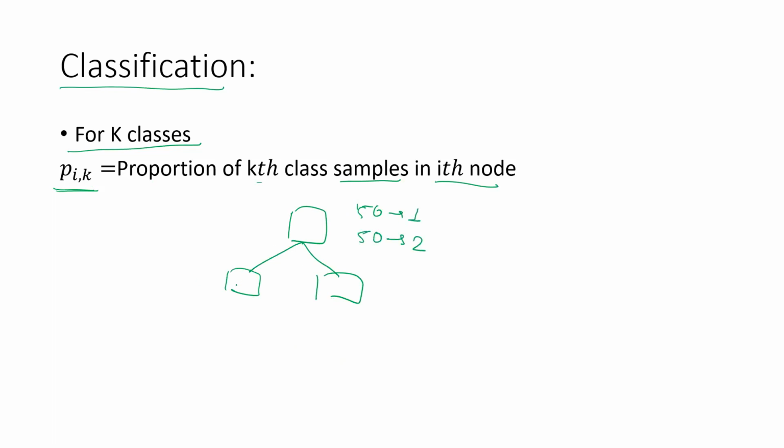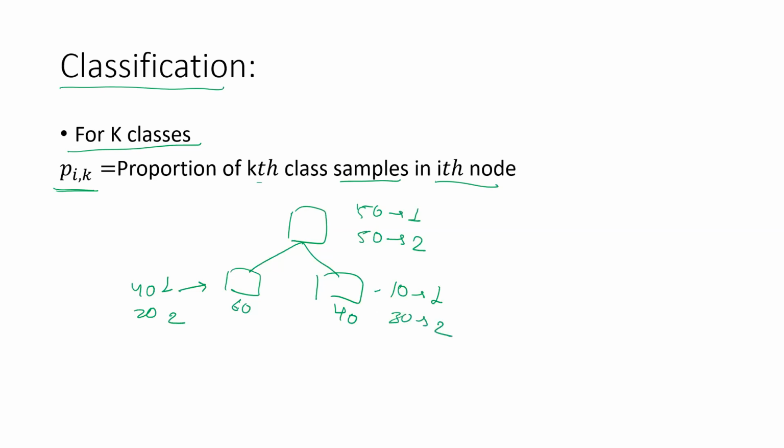We make a split such that 60 examples come here and 40 examples go there. Of the 60 here, 40 belong to class 1 and 20 belong to class 2. Then 10 will be on the other side, so 10 belong to class 1 and 30 belong to class 2.